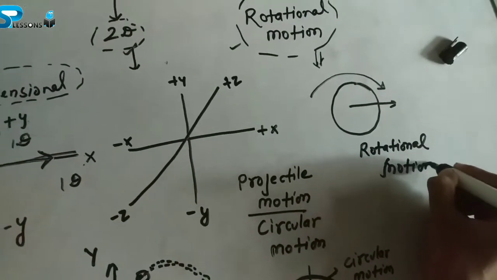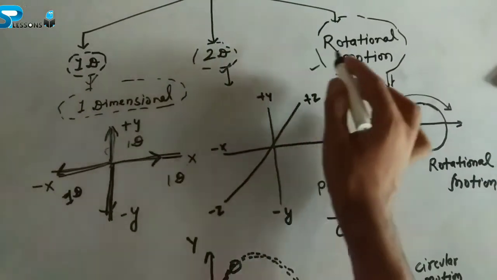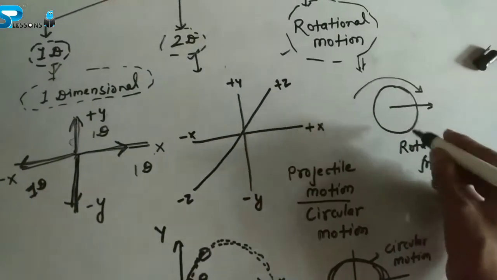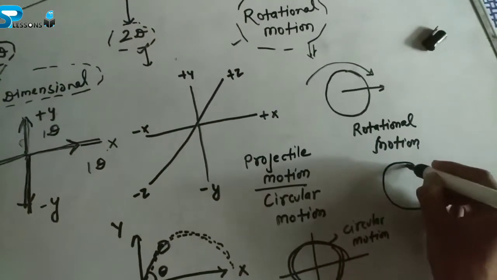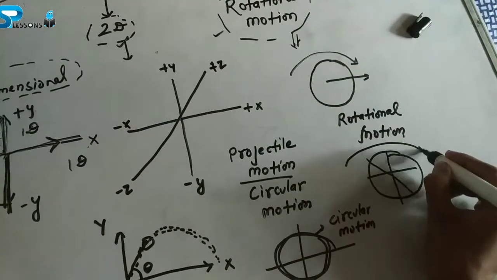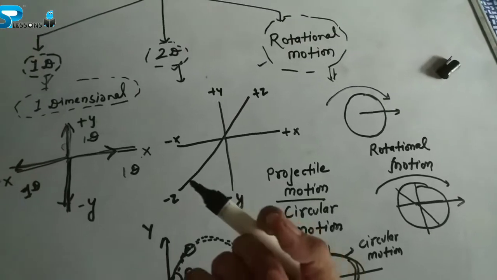So the types of motion we see in physics: one-dimensional motion, two-dimensional motion, and rotational motion. We see it in daily life, like a bike's tire, like this. So it's just an example of rotational motion.